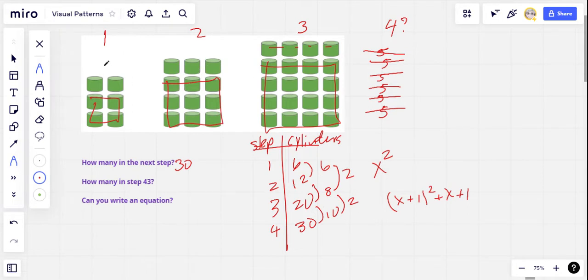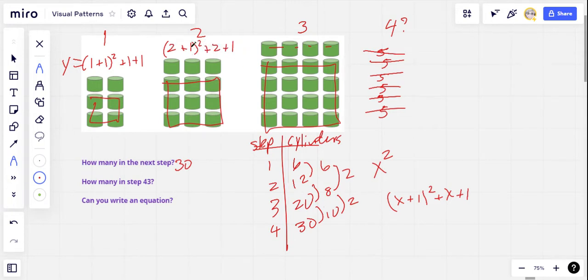Let's actually plug the numbers in this equation. So we have y equals (the step number plus 1) squared plus the step number plus 1. So 1 plus 1 is 2 squared is 4, plus 1 plus 1, that'd be 6. Yes, that checks out. Here we'd have (2 plus 1) squared plus the step number plus 1.